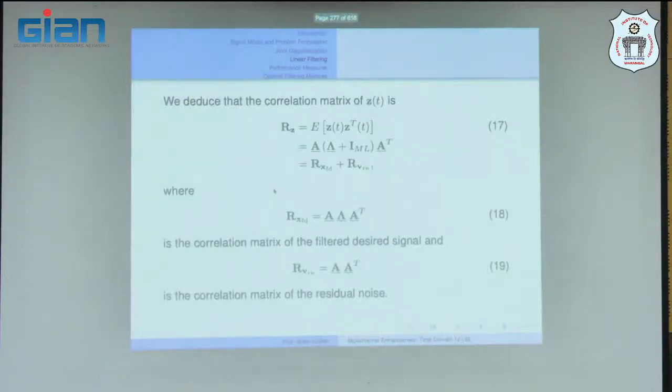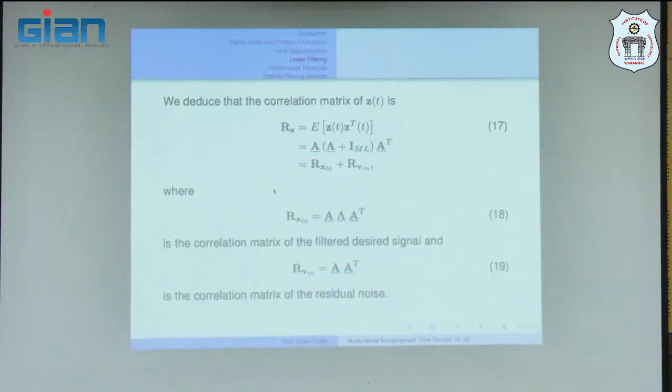Let's continue. So I remind you, we need to find performance measures as a function of the filtering matrix A. The correlation matrix of the vector Z, we can write as a summation of the correlation matrix of the filtered desired signal, this is the output, the estimate after noise reduction, and the correlation matrix of the residual noise.